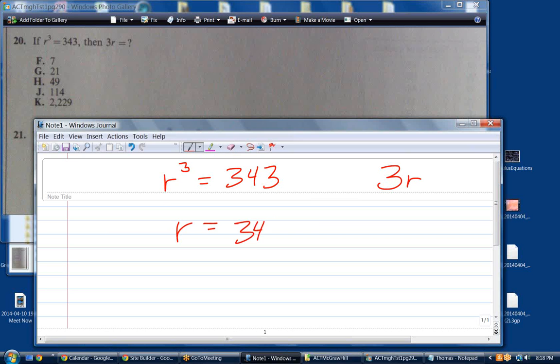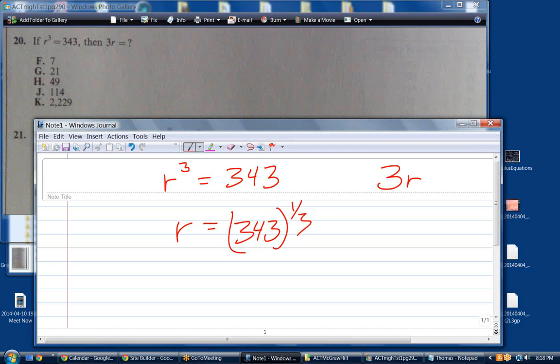Which is the same as taking 343 to the what power? Because you got to do this in your calculator. You got to know how to do it. Yeah, well, I just press math, and then, right, it's got a cube root function. It's the same as taking it to the 1/3 power.